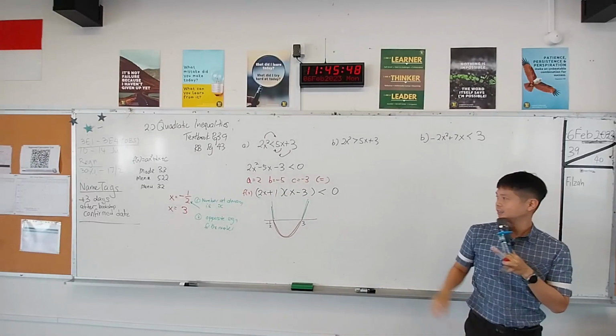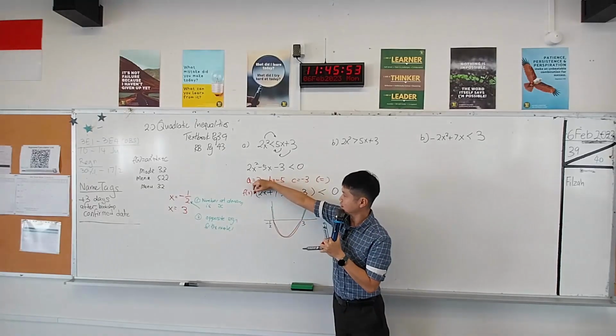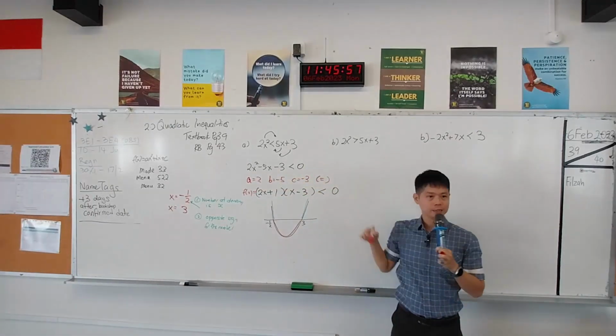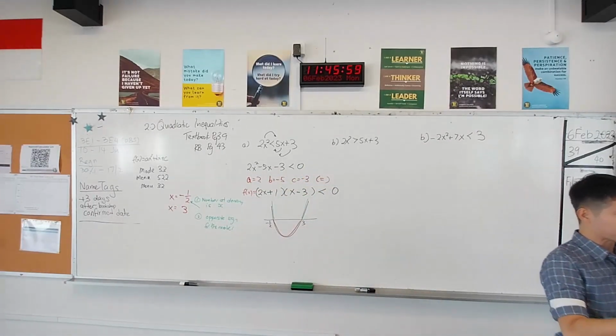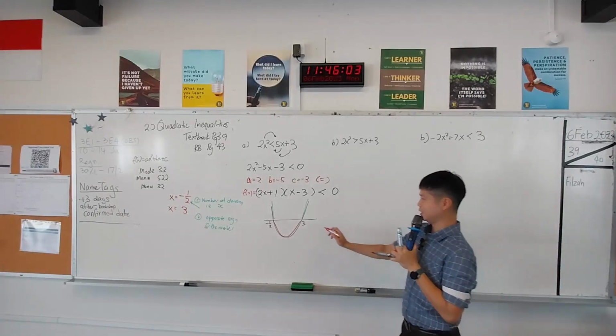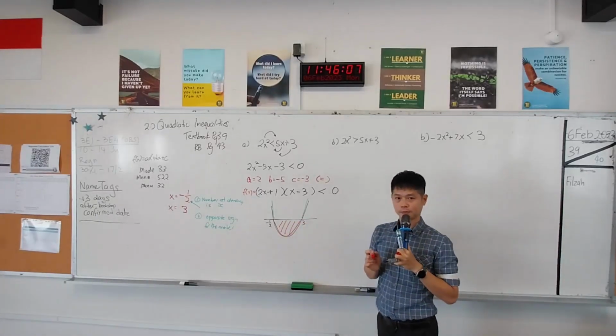So which y values are always less than 0? Which y value is always negative? Which part, the red part or the green part? So this is the part that is always negative, right?